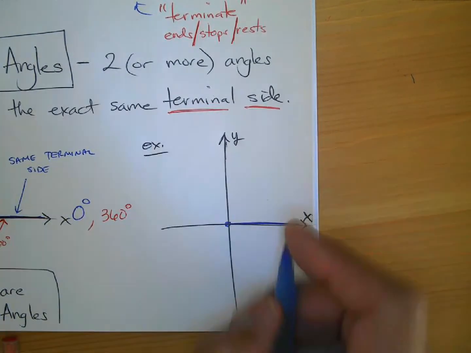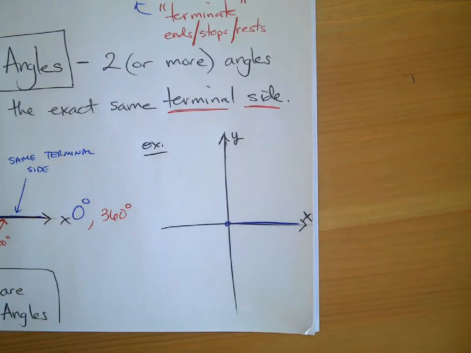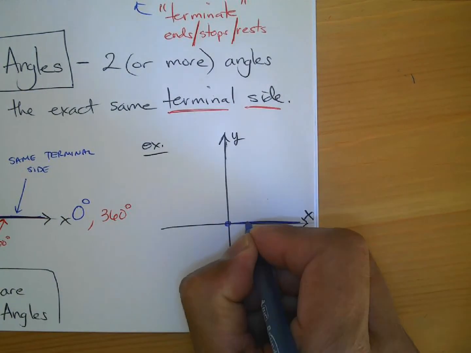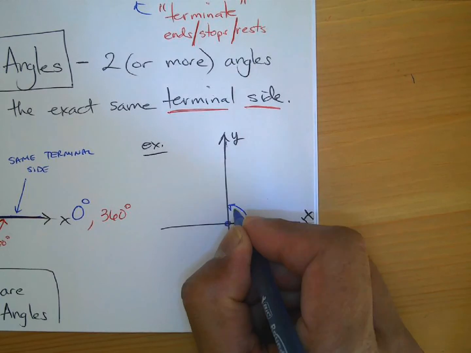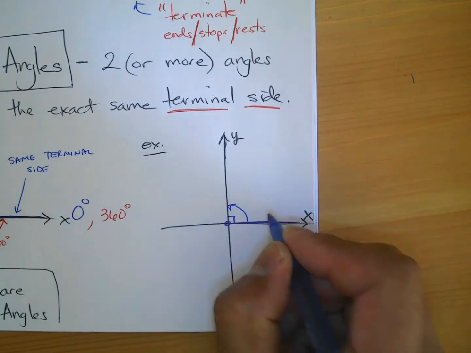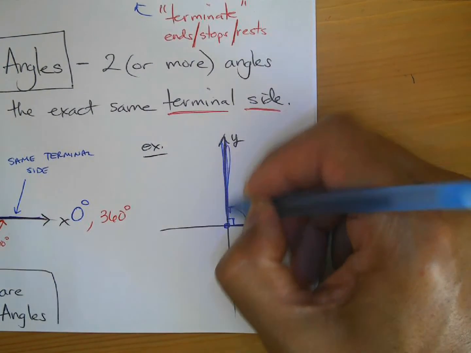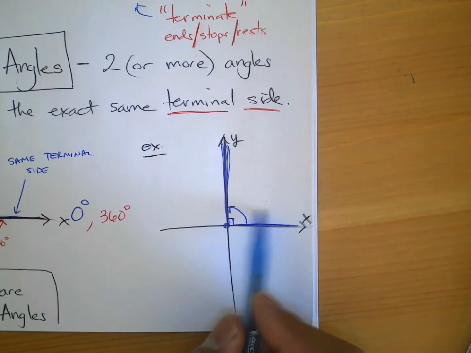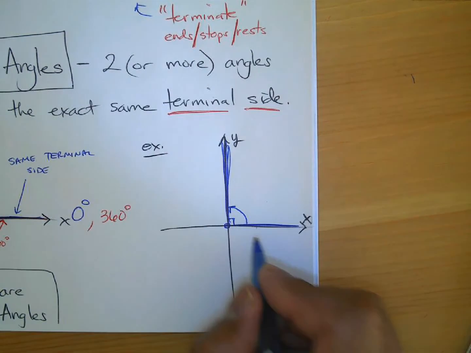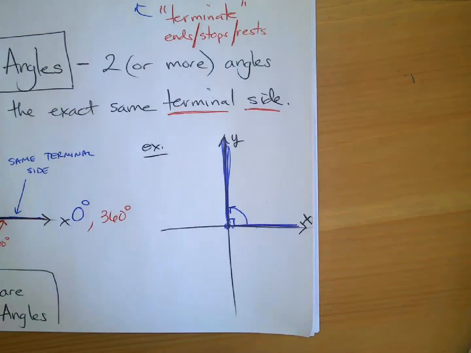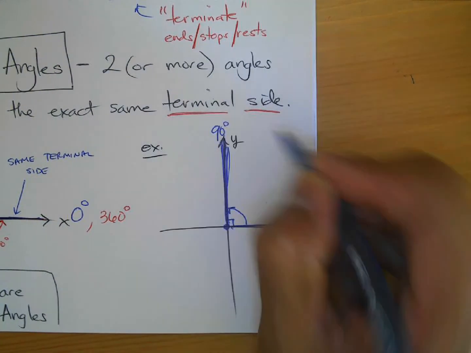Where's a 90-degree angle? Well, I know 90 degrees starts here and goes right there. That's a corner, right? That's 90 degrees, this whole space right here. This is the initial side, this is the terminal side, this is 90 degrees.